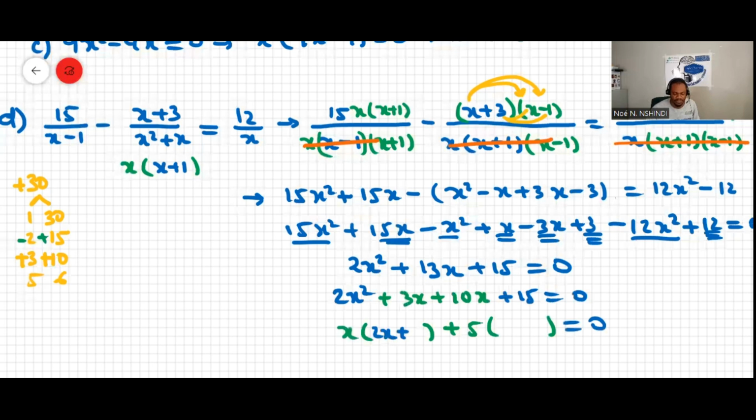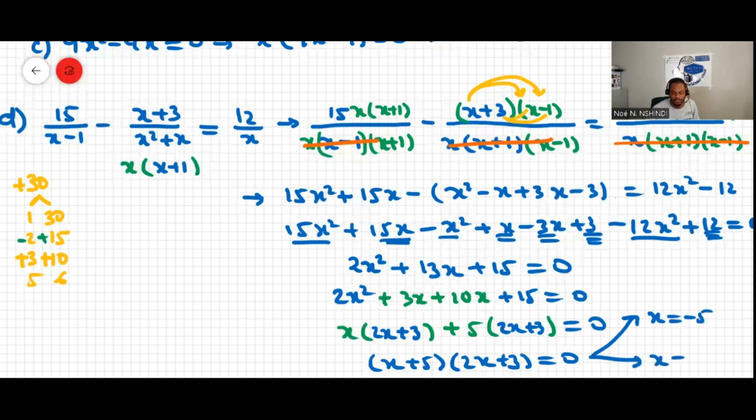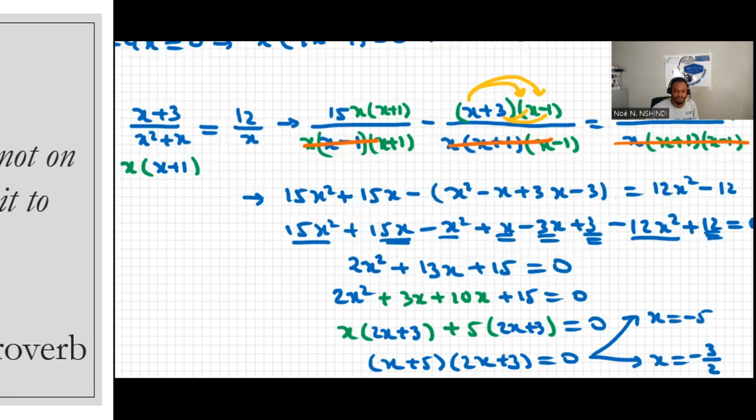That makes 2x plus 3, 2x plus 3, and then we can take x plus 5 as a common factor, and then 2x plus 3 equals 0. Now there are two solutions here: x equals negative 5, or x equals negative 3 over 2. So those are the solutions of this question.